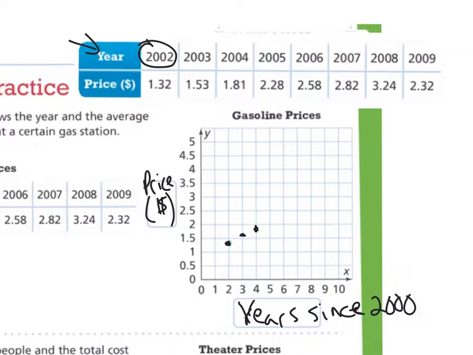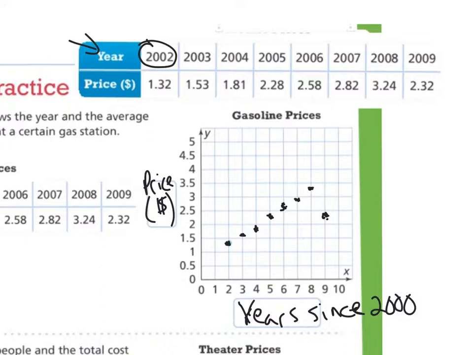Year 5, we're at $2.28, so almost halfway between the 2 and the 2.50. 2006, we're at $2.58, so just above the 2.5. 2007 is $2.82, so not quite to the $3 mark. 2008, at the 8 we're at $3.24, so about halfway between the 3 and the 3.5. And then 2009 we're at $2.32, back down here.